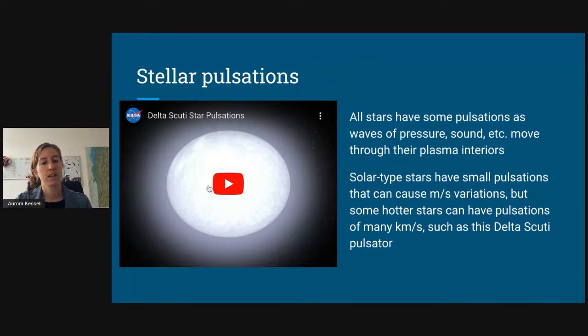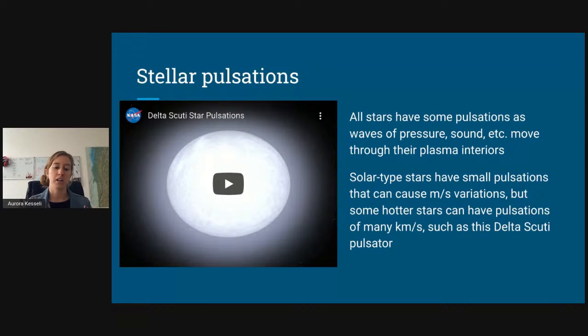Okay. So for the astrophysical sources of noise, the first one that we'll talk about is stellar pulsations. All stars have some pulsations because they are giant balls of gas and plasma. And as pressure moves through them and sound moves through them, they're going to pulsate a little bit.